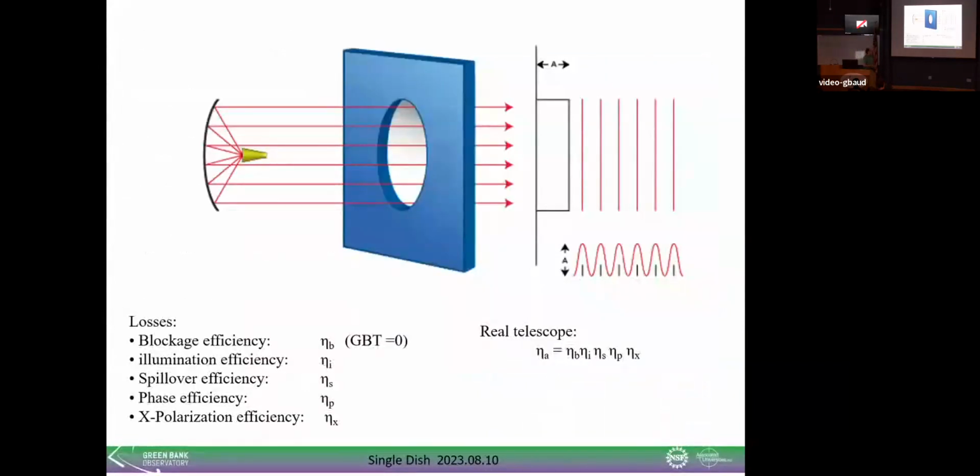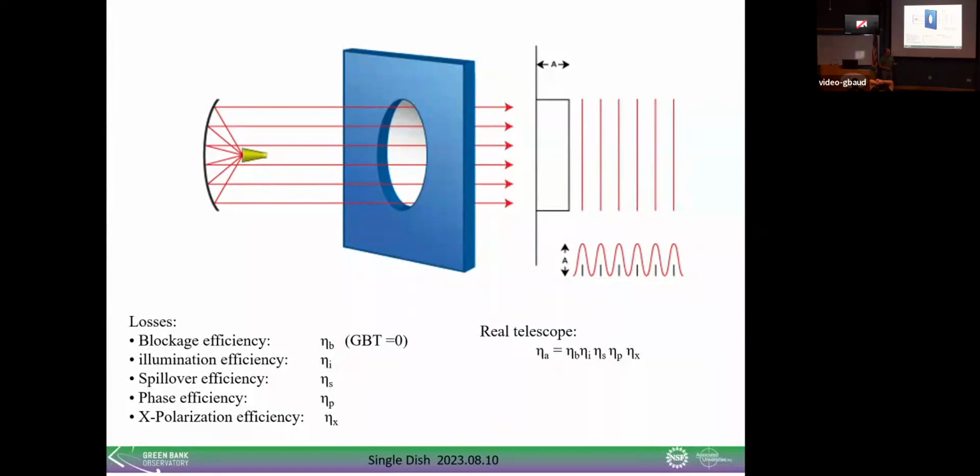So, some of the considerations in a little bit more detail. If you think of the GBT in terms of aperture and aperture illumination, there are several terms that reduce your efficiency. Fortunately, the GBT was designed to have zero blockage, so that term is essentially 1 because there is no blockage. But there are other efficiencies that contribute to the total aperture efficiency, and one of them is illumination efficiency, and that goes into the optimization.